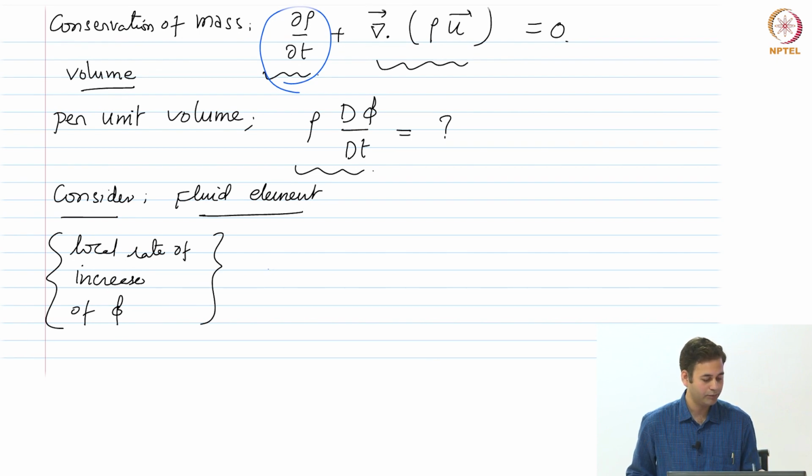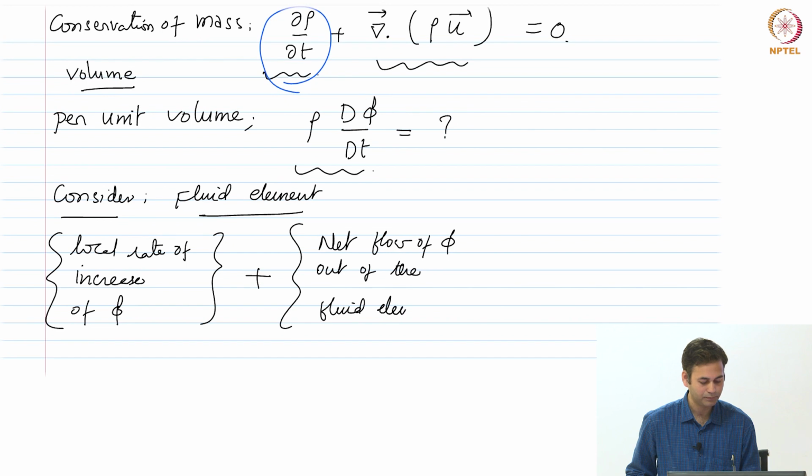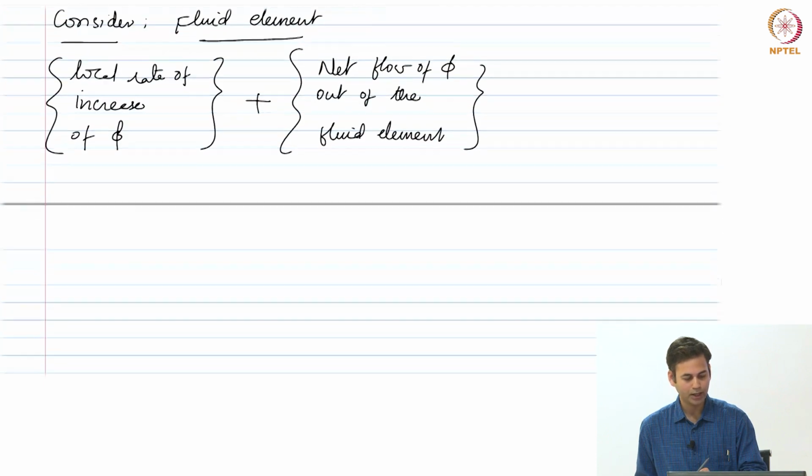And I want to know what will be the net flow of phi per unit volume out of the fluid element. So, I want to consider these two quantities: one of them is the local rate of increase of the property phi per unit volume, and also the net outflow of phi out of the fluid element.